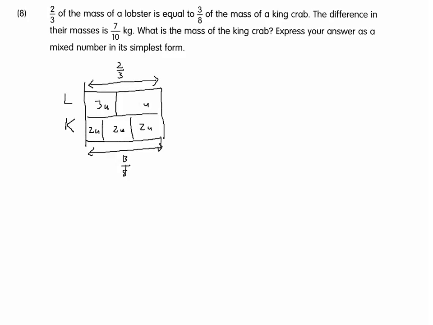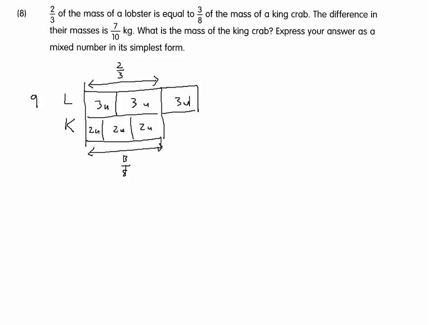Okay. So we know that this is only for 2/3. We need to make it into 1 whole. Another 3 units. Meaning that the total for lobster is how many units? 9 units, right?